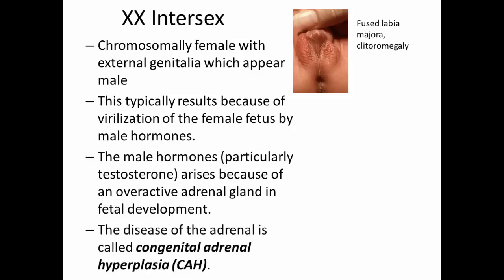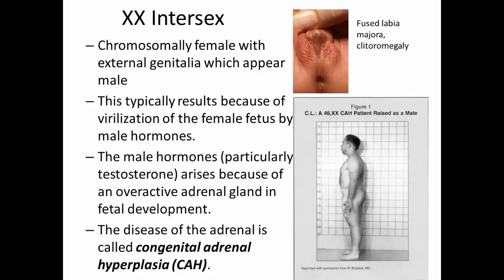And because it's a disease that's caused by the adrenal, it's called congenital adrenal hyperplasia. So congenital means you're born with it. Adrenal means it's from the adrenal or suprarenal glands. And hyperplasia just means that it's grown too much. And so we call this CAH. And that's a typical cause of XX intersex.